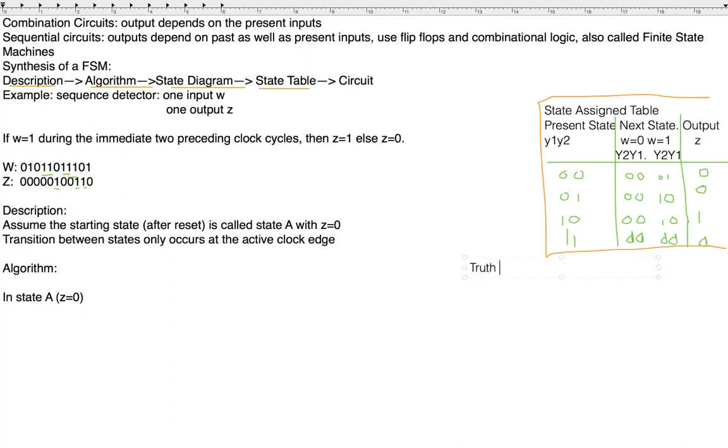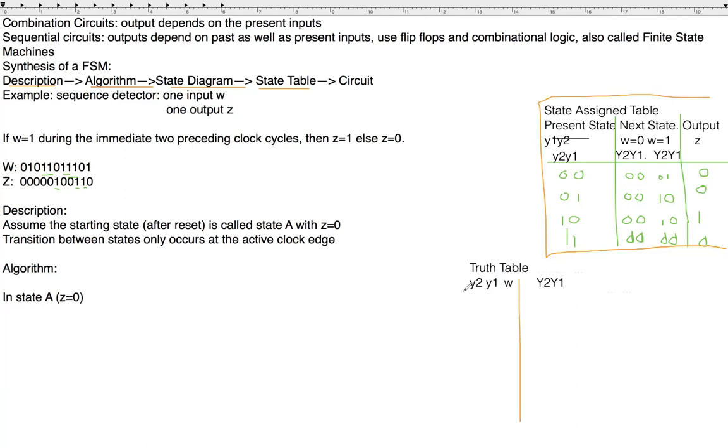So our truth table. And let's start with our Y1 and Y2. So right here, lowercase y2, y1. And it was up here, Y2, Y1, sorry. Okay. And then also we're going to have our W as our input. Remember, for the first combinational circuit, we have an input. And then we have Y2, Y1.